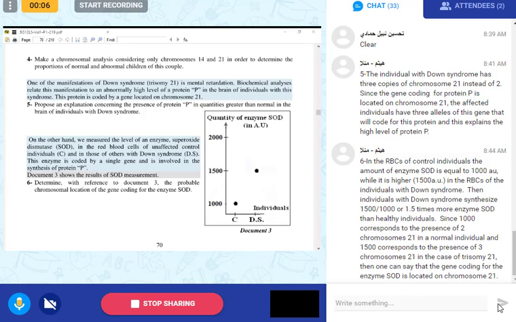Since 1000 corresponds to the presence of 2 chromosomes 21 in a normal individual, and 1500 corresponds to the presence of 3 chromosomes 21 in the case of trisomy 21, then one can say that the gene coding for the enzyme SOD is located on chromosome 21. So the SOD gene is also found on chromosome 21.